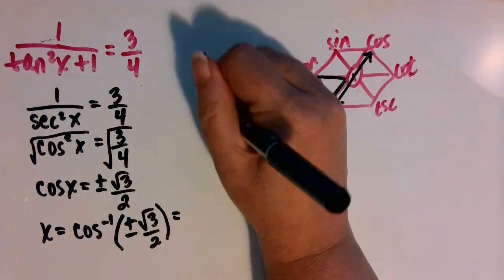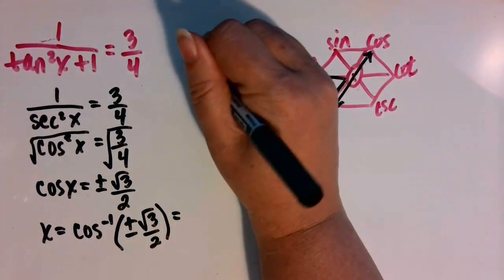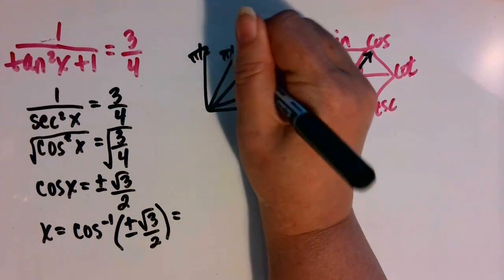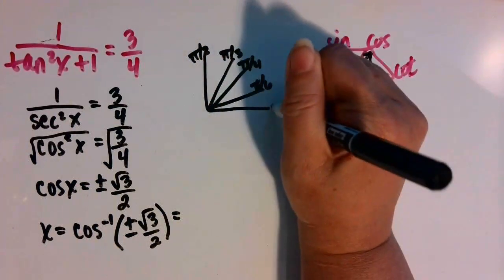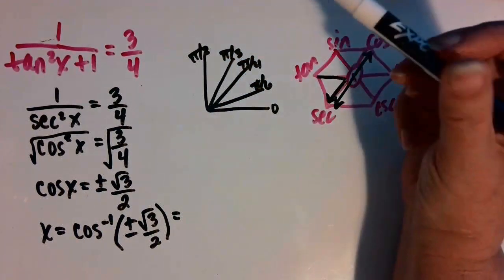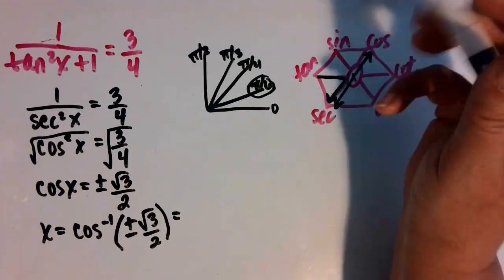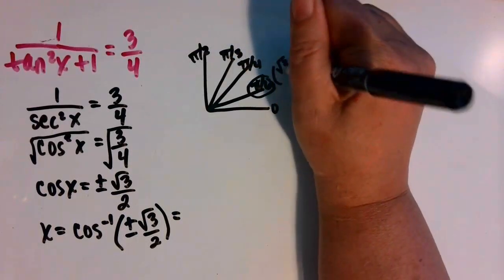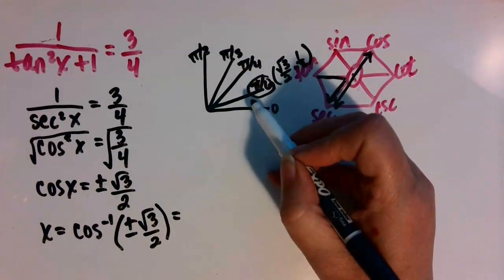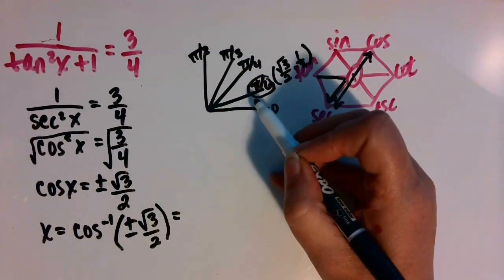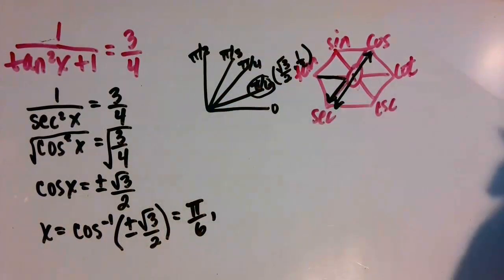And in quadrant 1, this is pi over 2, pi over 3, pi over 4, pi over 6, and 0. And pi over 6 is the angle that has an x coordinate of root 3 over 2. So our principal value, which is our reference angle in quadrant 1, is pi over 6.